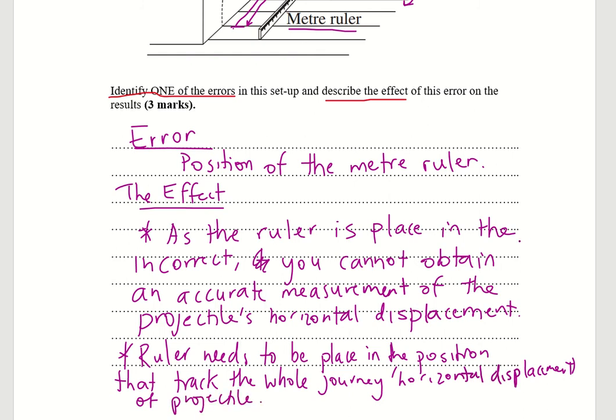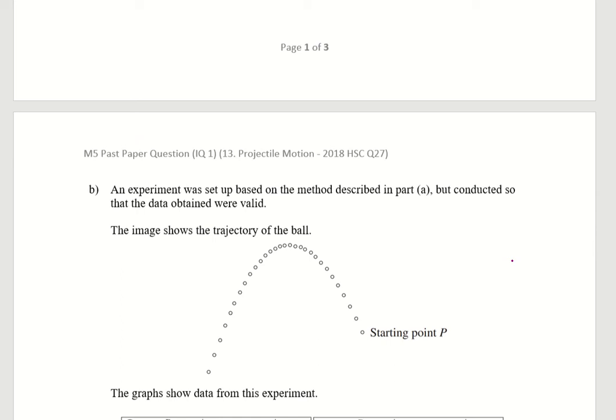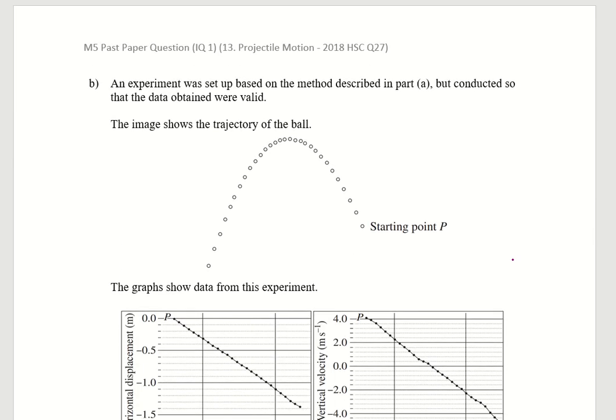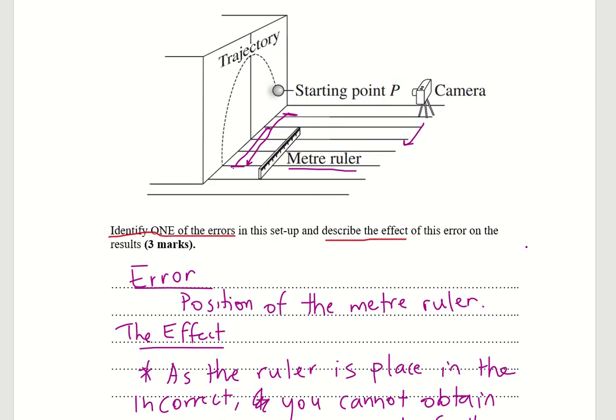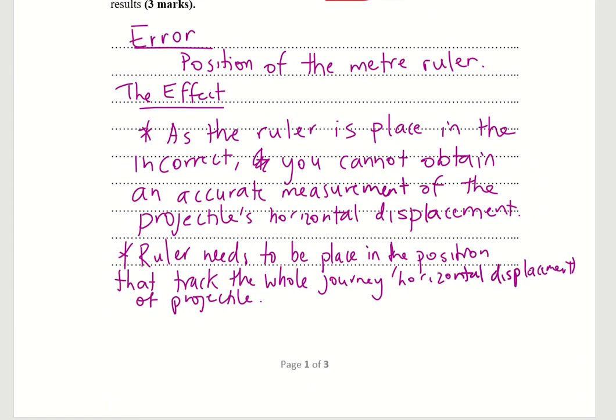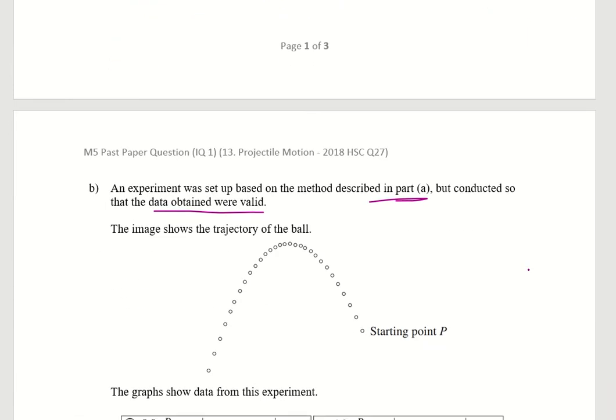Okay, so there we go with that. Okay, B: we have an experiment set up based on that described in part A, but conducted so that the data obtained was valid. The other thing is, not only is it not accurate because you're not measuring everything, but obviously it makes it invalid as well because that's not helping you find the answer, is it? So that's also an invalid experiment.